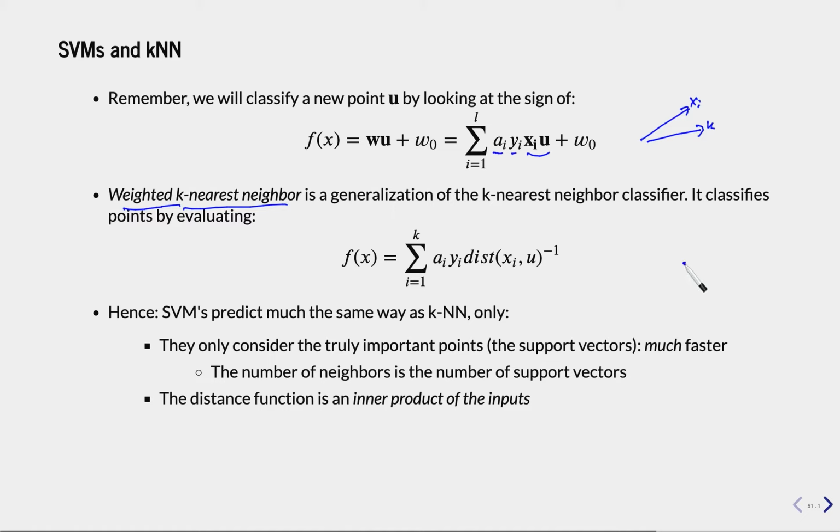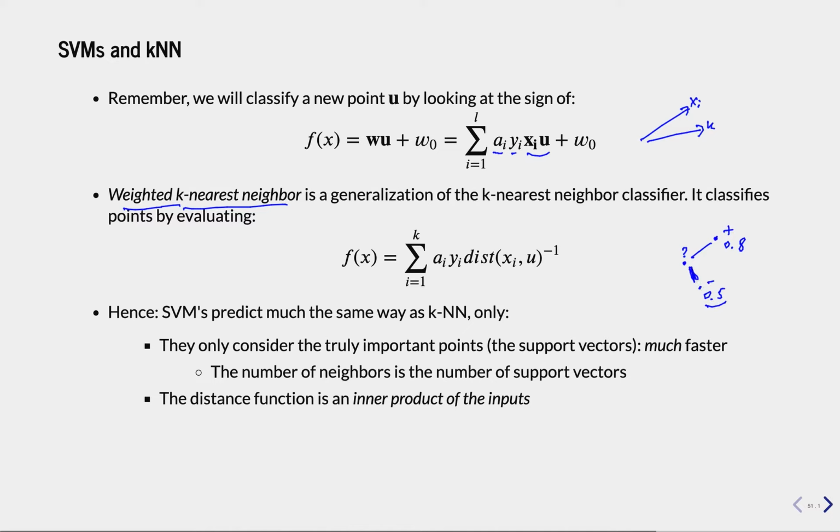So if you want to make a prediction, you look at, so you have a positive here with weight 0.8, for instance, and we have a negative here with weight 0.5, right? What we do is we look at all our neighbors and we weigh them by the weight they have and by how far away they are.